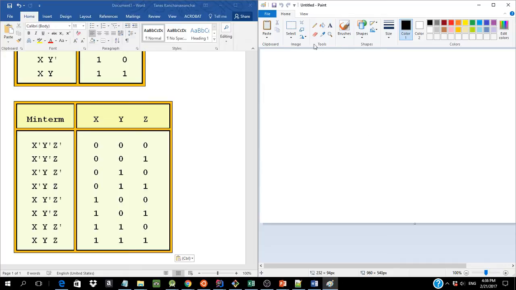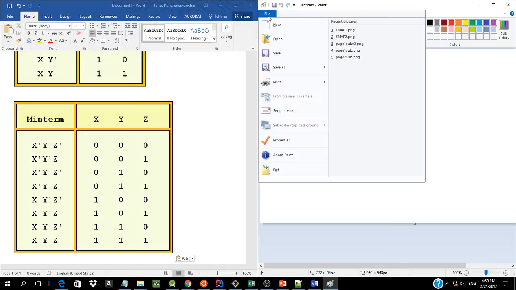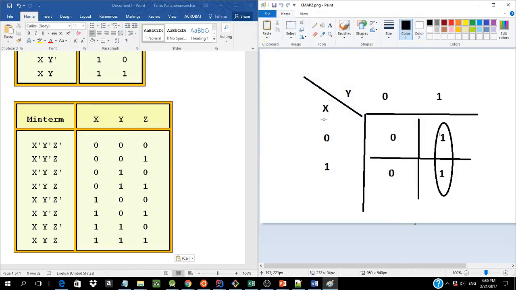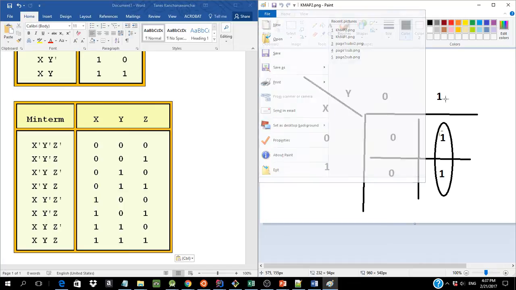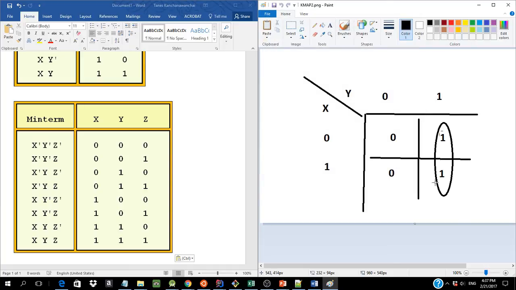Like, if you look at the image before, x can be here, x can be here, y can be here. It doesn't matter. It's going to give you the same answer. Because at the end of the day, when you circle, you just look at this. Make sense?